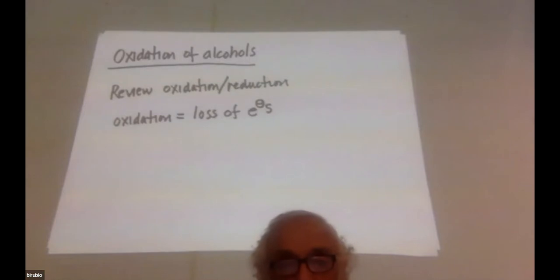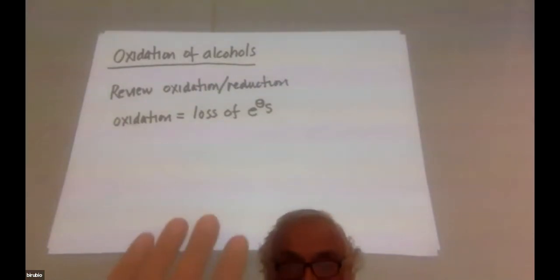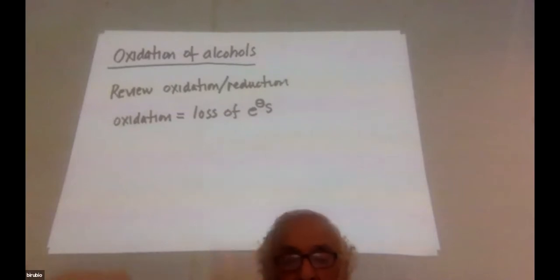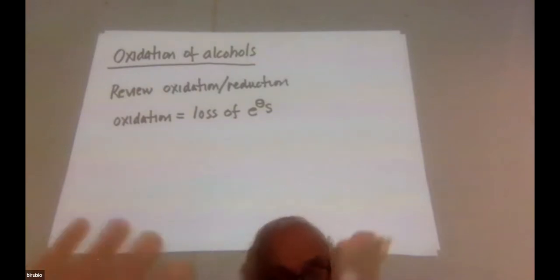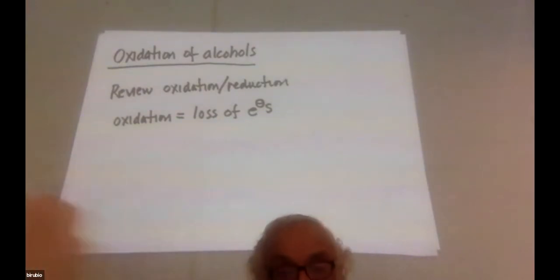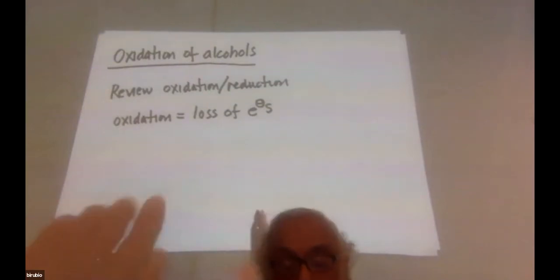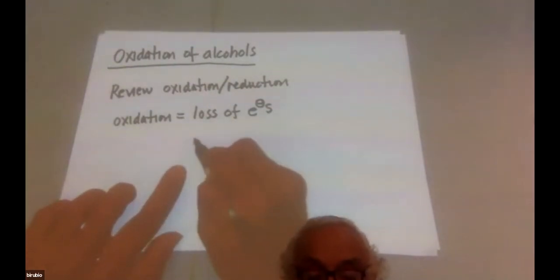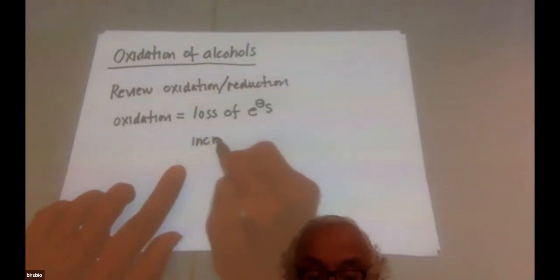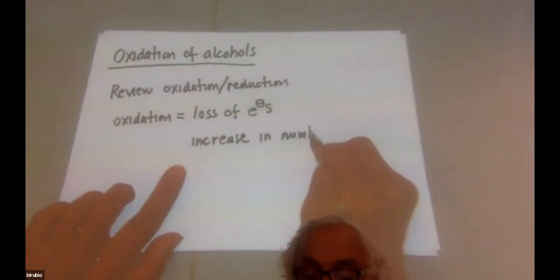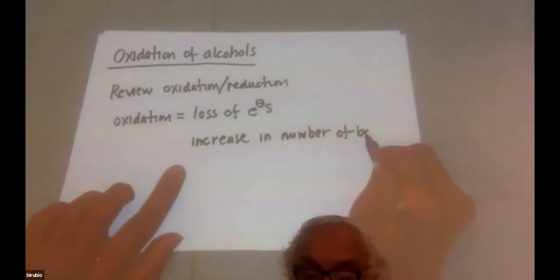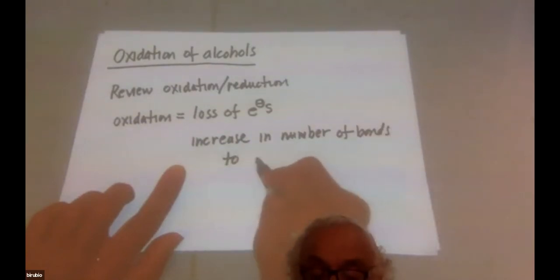When we're talking about oxidation of an organic molecule, what we're really looking for, the hallmark of oxidation for an organic compound, is an increase in the number of bonds to oxygen.